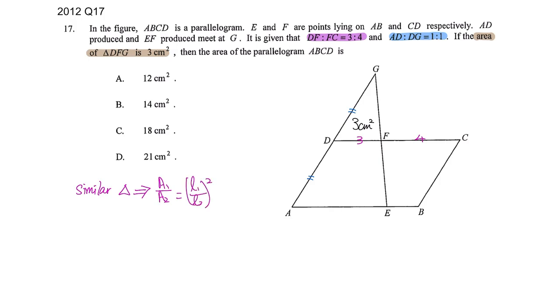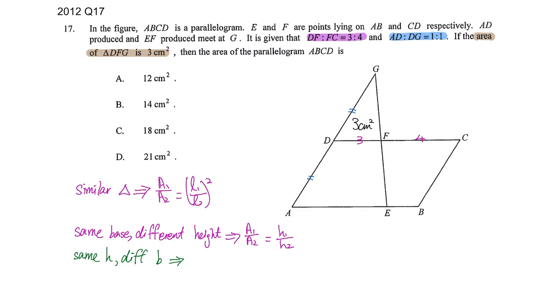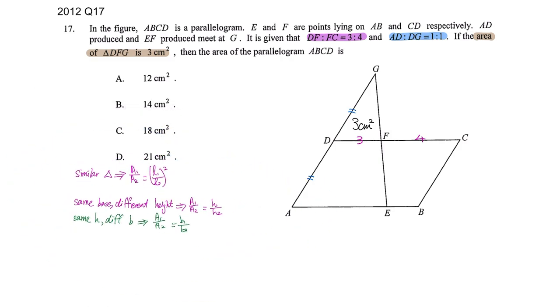But if they are not similar, but same base, different height, then area ratio will be height ratio. The different heights are different areas. And of course the opposite as well. If same height, different base, they're actually the same thing because base times height divided by 2. Area ratio is the base ratio. Okay, these are the three main things we do in triangles, areas and stuff.